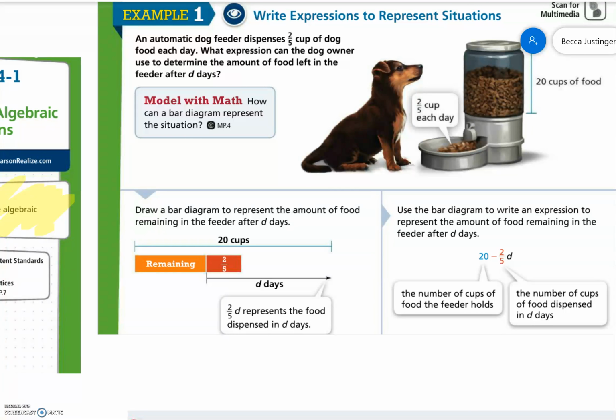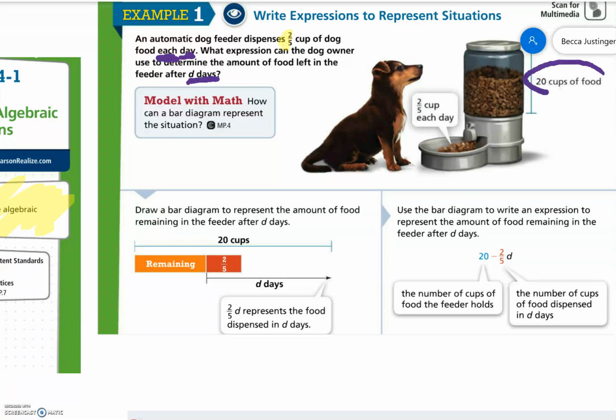An automatic dog feeder dispenses 2/5 cup of dog food each day. I want you to really underline this word, each day. What expression can the dog owner use to determine the amount of food left in the container after D days? So that's very important. They already told us that we want to represent D for day.